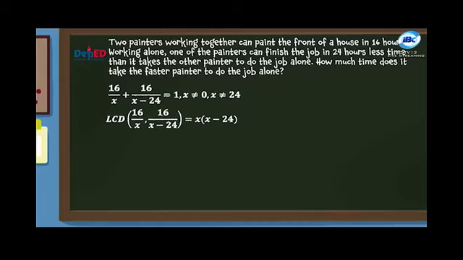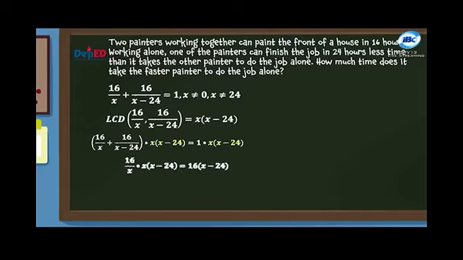Then, we determine the LCD. Observe that x and x minus 24 are both prime. Hence, the LCD will be their product. Next, we multiply both sides of the equation by the LCD.